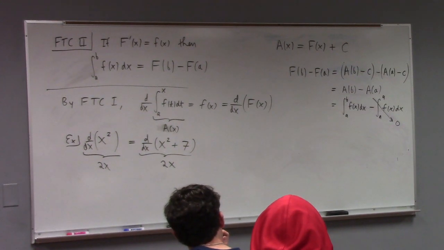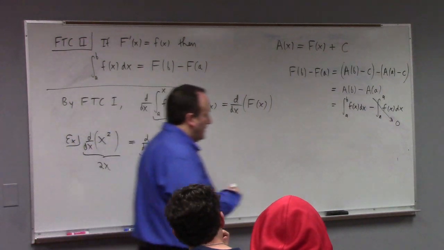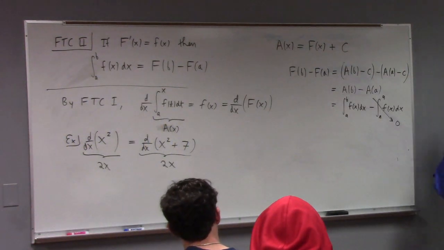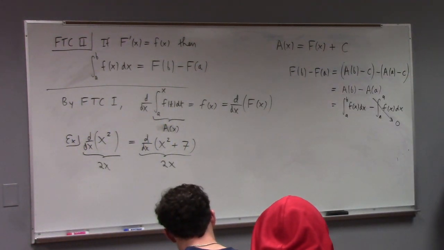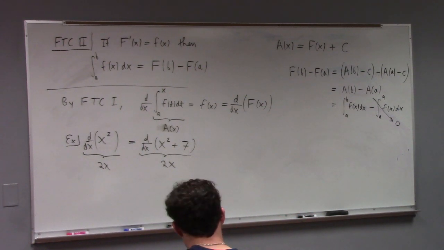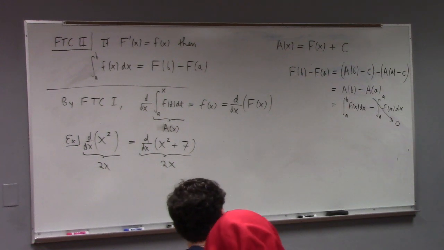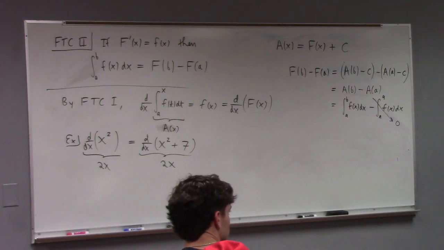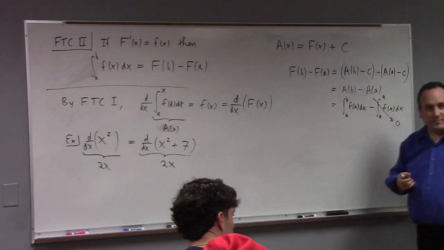So let's apply it, yeah? What if you guys wanted to integrate, say, 2x cosine of x squared dx from 0 to 1? How would we do that integral?